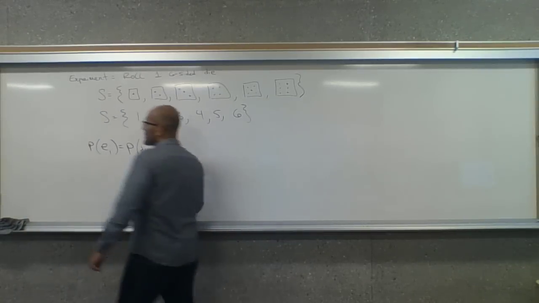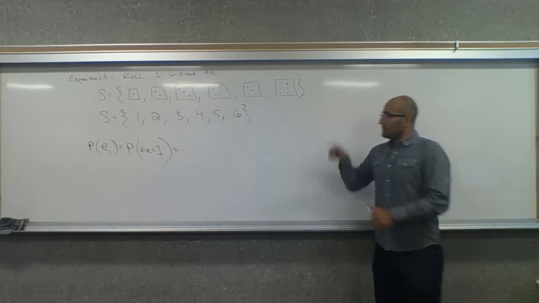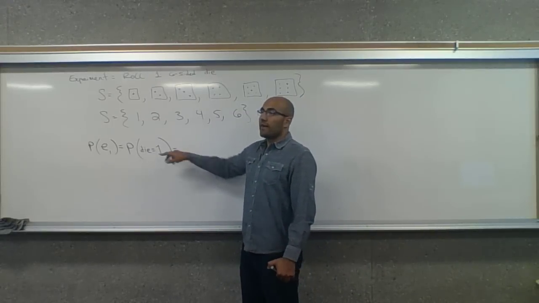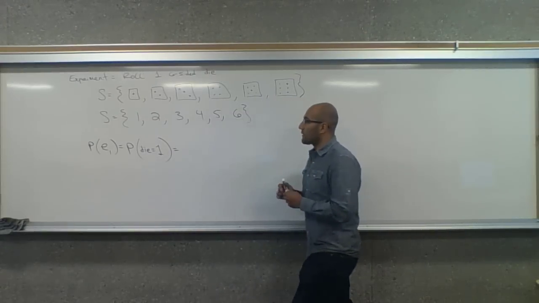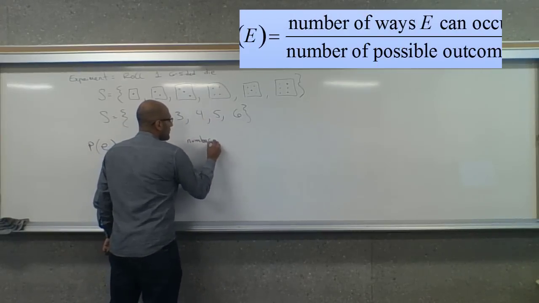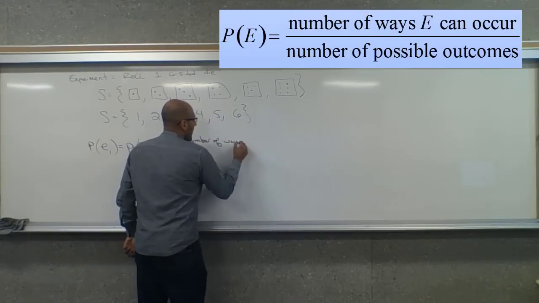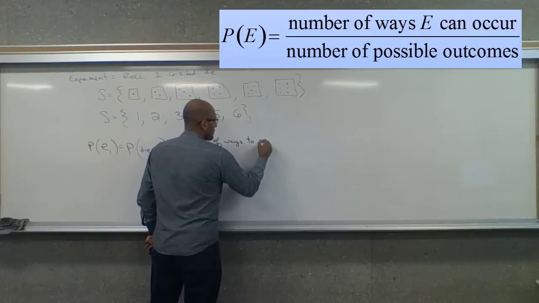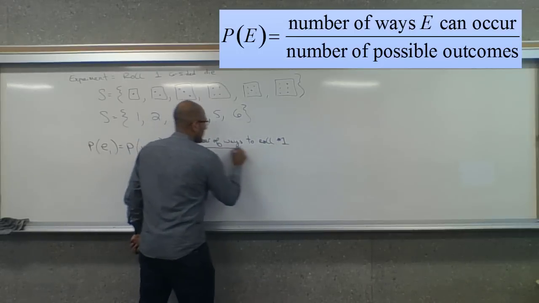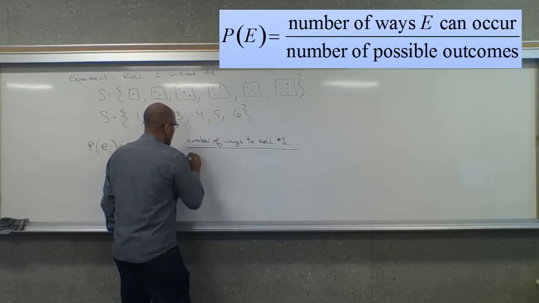According to our formal definition, this probability is the number of ways in which this can happen divided by the total number of possible outcomes. So this is going to be the number of ways to roll a 1 divided by the total number of outcomes.